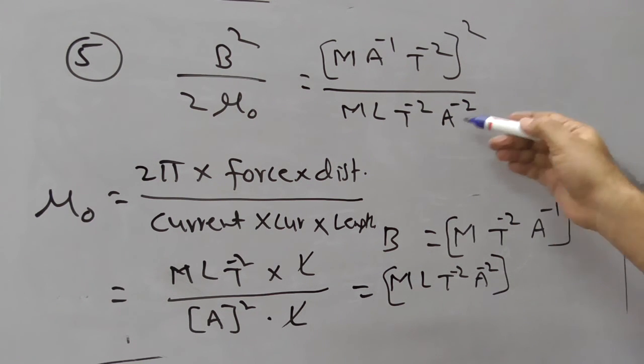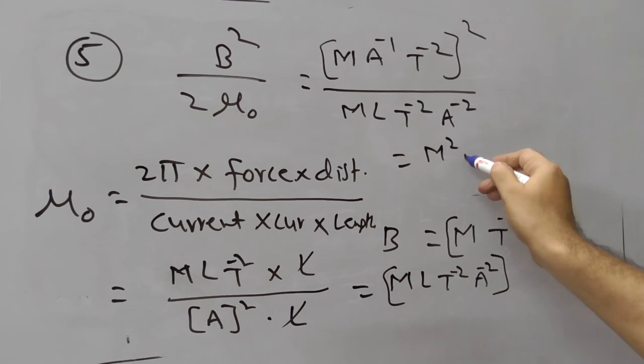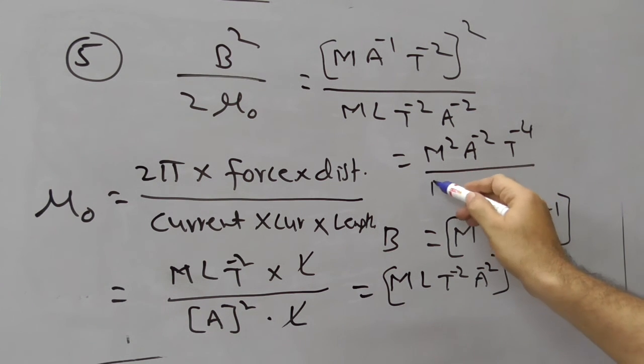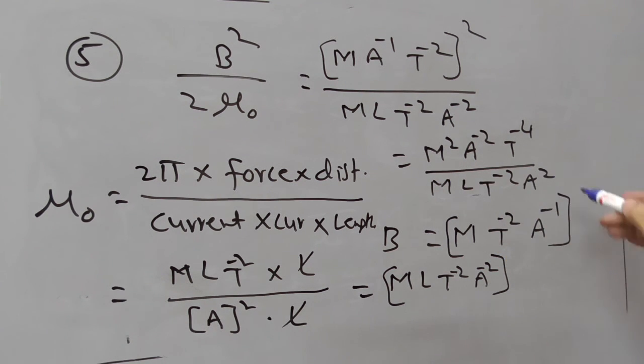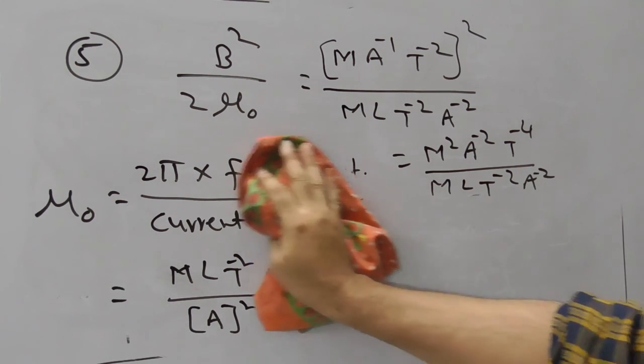If we expand the numerator, the whole square can be written as M square A minus 2 T minus 4 by M L T minus 2 A minus 2. The remaining part gives you the answer. A simple question, direct formula application, nothing else.